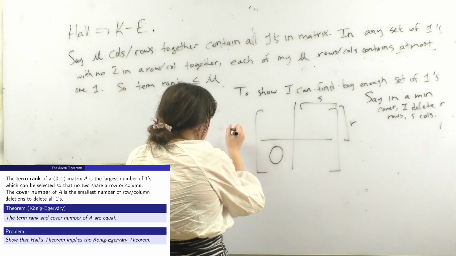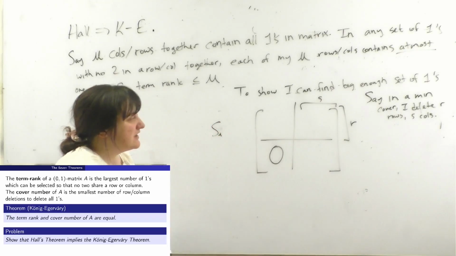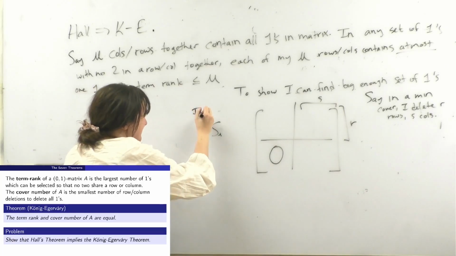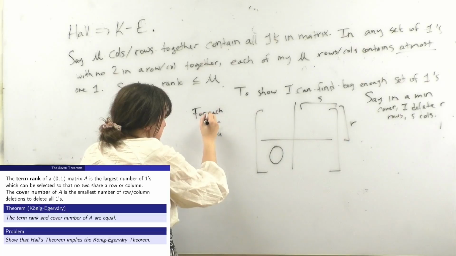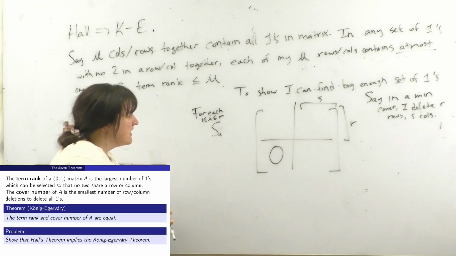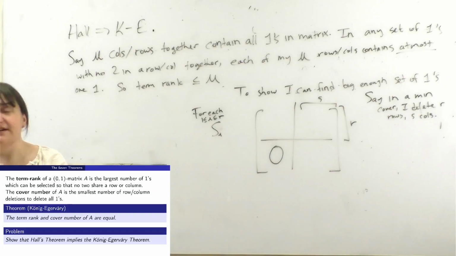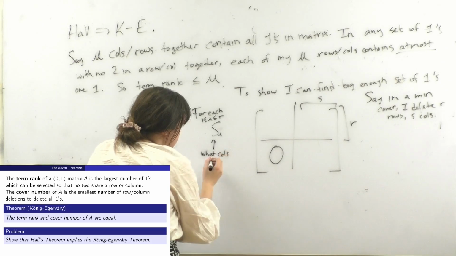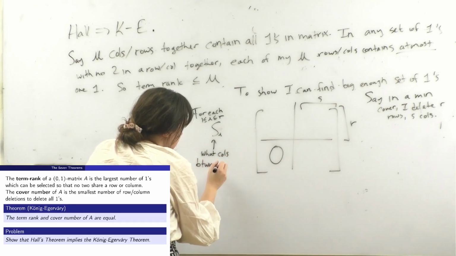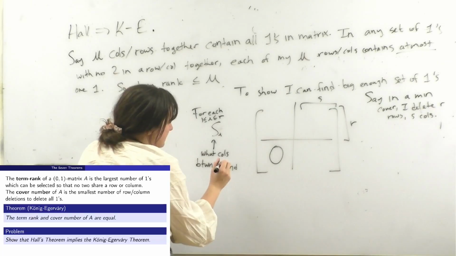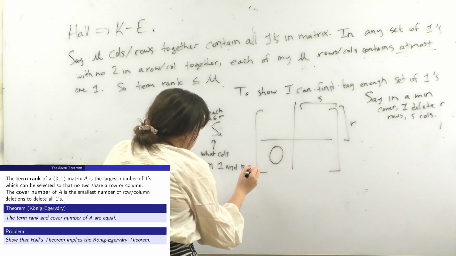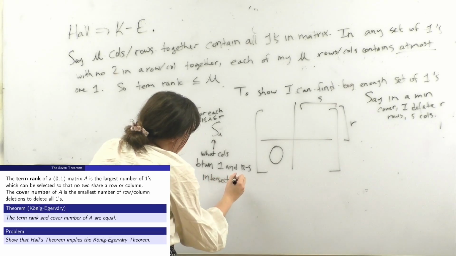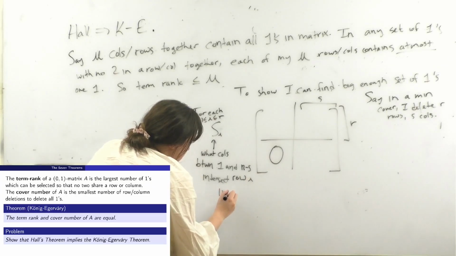So for each row between 1 and R, I'm going to make a set S_i, which tells me what columns between 1 and n minus s intersect row i in a 1.